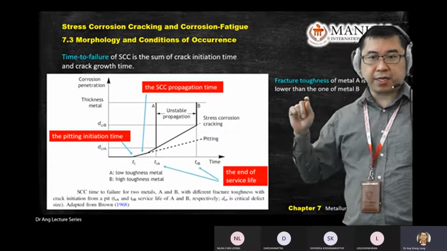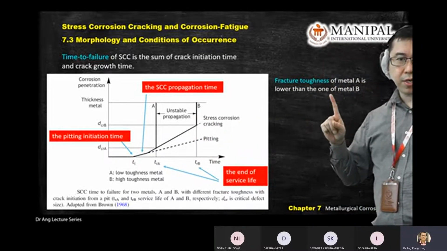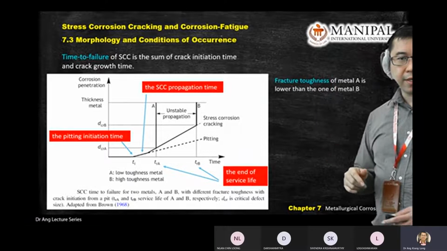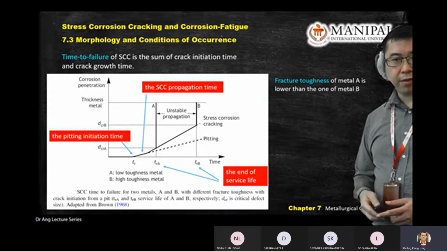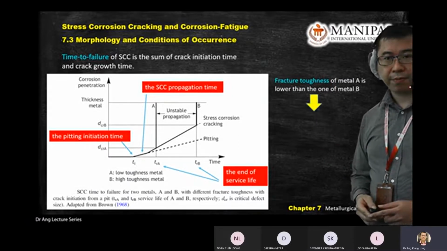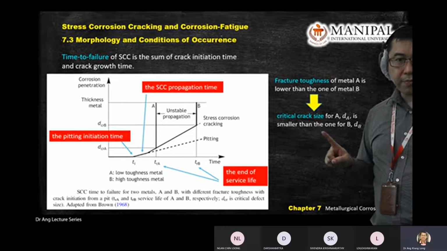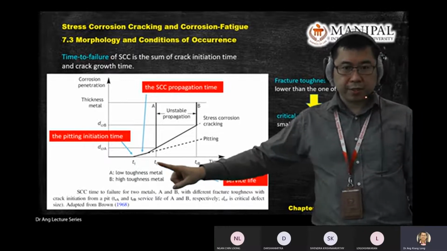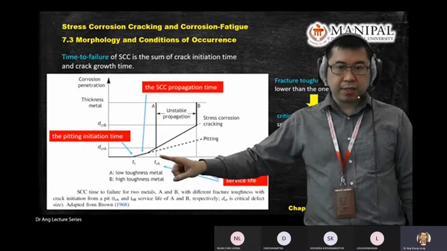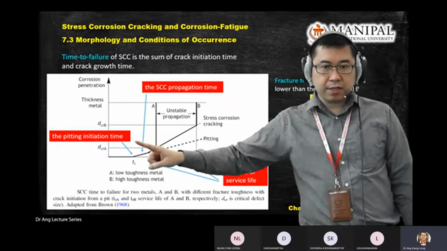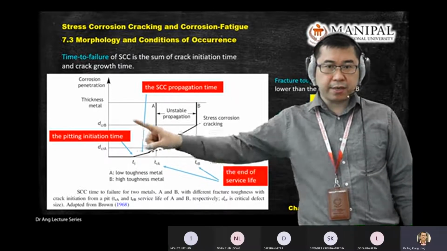So B is, you can say, stronger than A in terms of SCC. And then you can see the critical size for A is smaller than B.